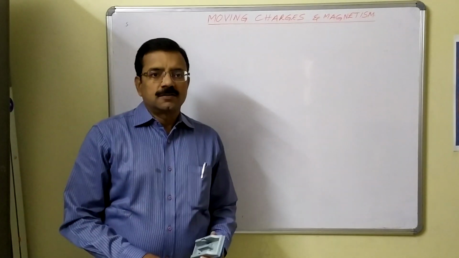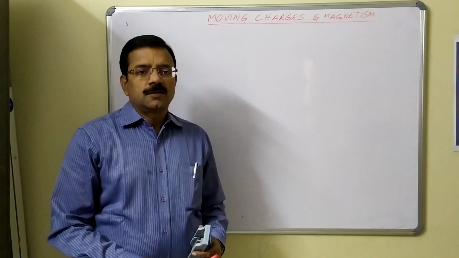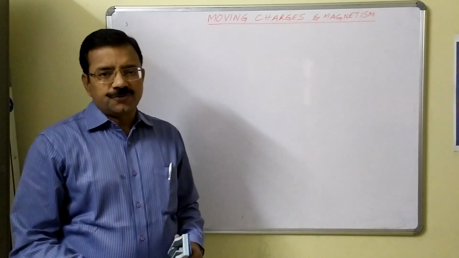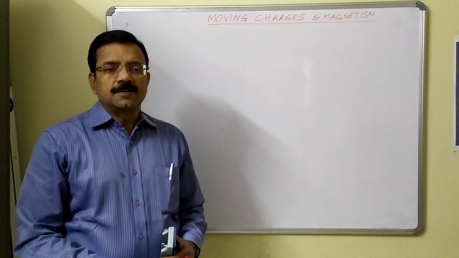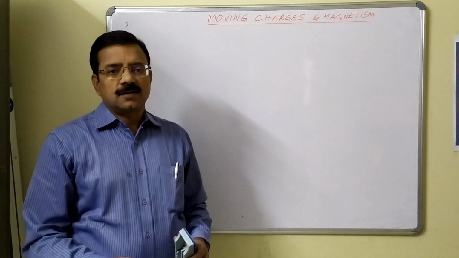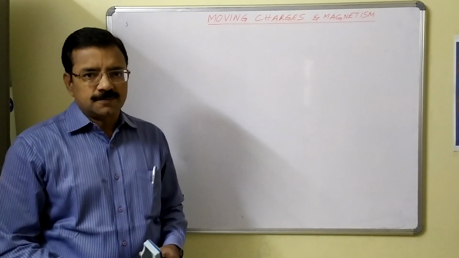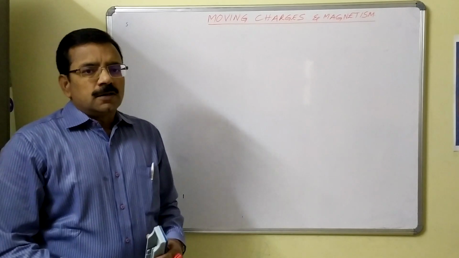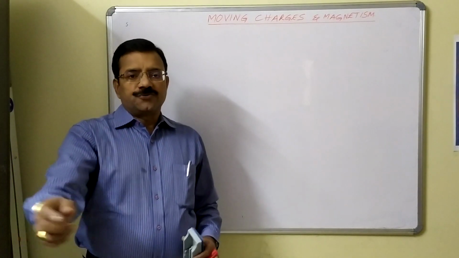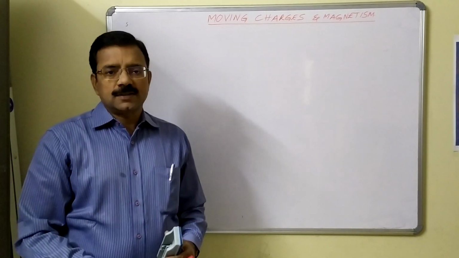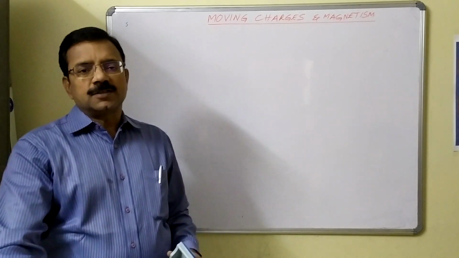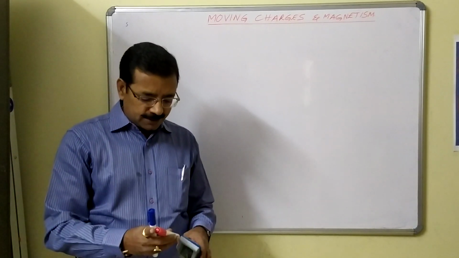Dear students, in this class I am going to discuss the important properties and phenomena exhibited by moving charges and current carrying conductors. In the chapter Electric Charges and Fields, we discuss one of the important properties of electric charge.